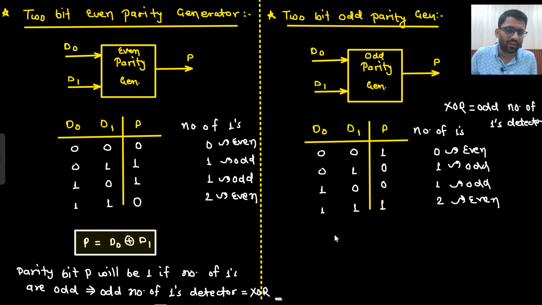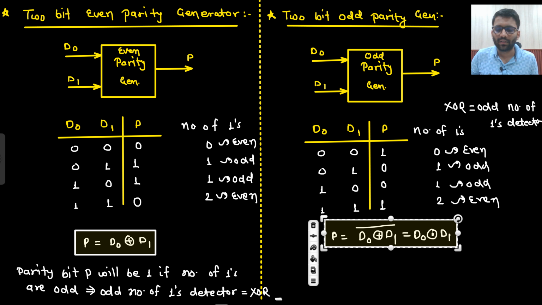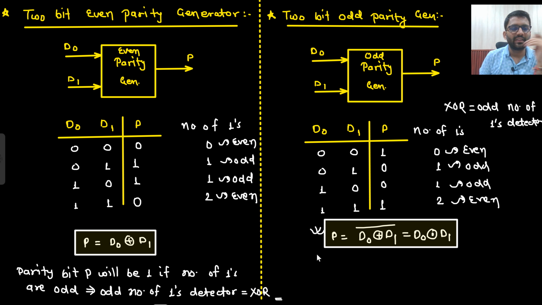Okay. So what is P now? P is D naught XOR D1 bar, which can be written as D naught XNOR D1. Okay, so this is your P. How will you think in the examination?